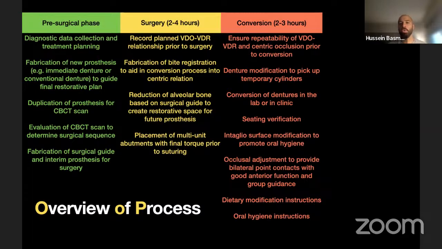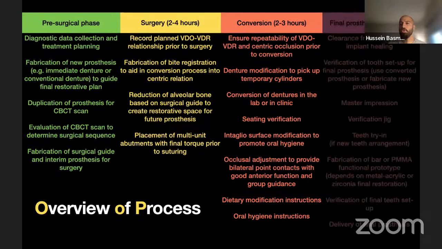When we do this, we do the pickup of the denture that we already have. That's why it's very important for this denture to be accurate, well made and well fabricated. Then we do the conversion in the lab. We make sure that we have respected the contact points, avoided any cantilever at that time, and given the patient good instructions.